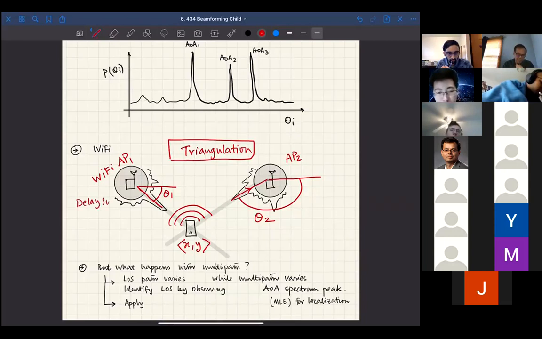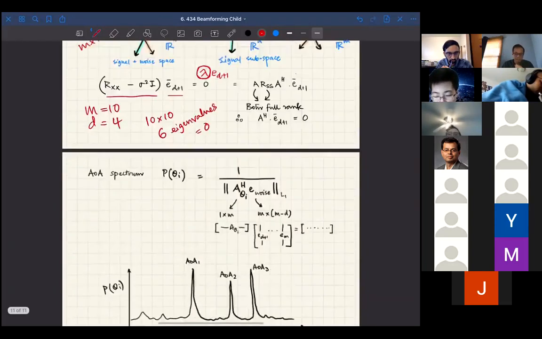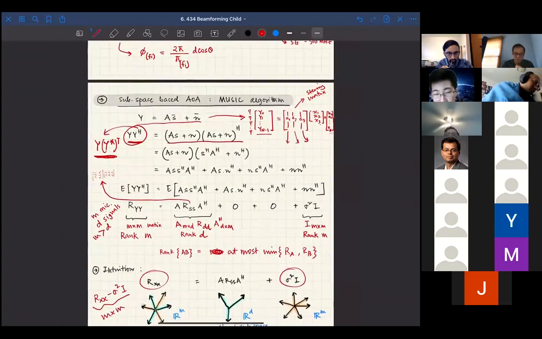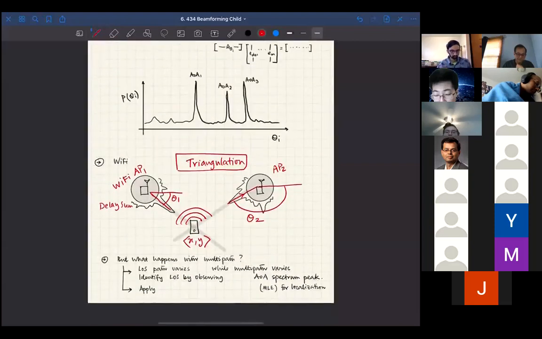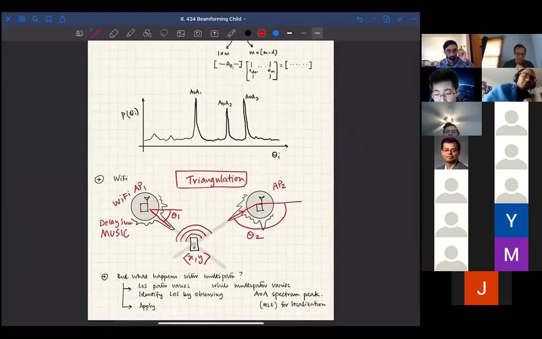By the way, this algorithm that we talked about is called MUSIC. It's very popular. So you can apply delay sum, you can apply MUSIC, you can apply whatever you want. Okay. Once you get the AOA, you can do triangulation by just solving that problem.